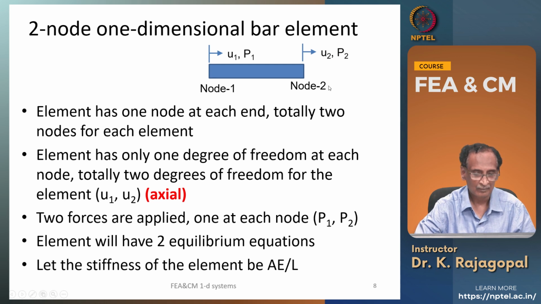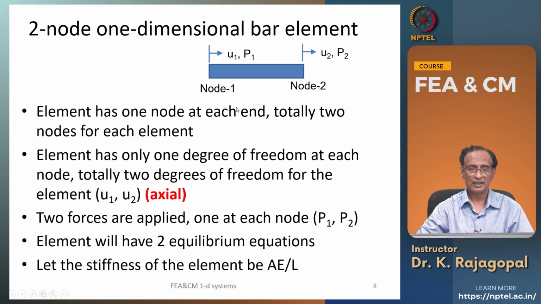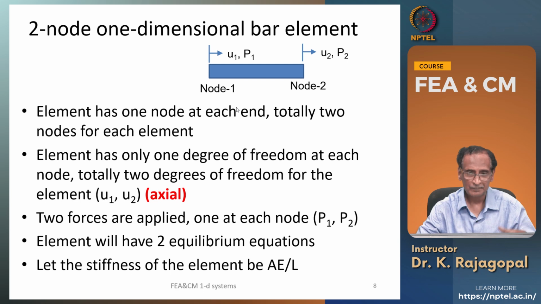Okay. And let us say that our stiffness is AE by L, where A is the cross sectional area of the element, E is the Young's modulus, and L is the length of the element. Okay.